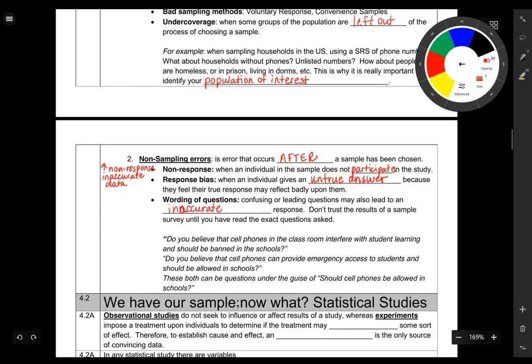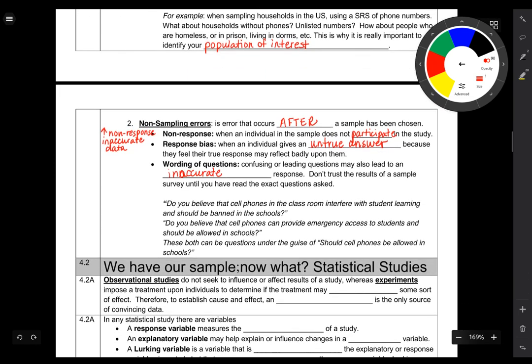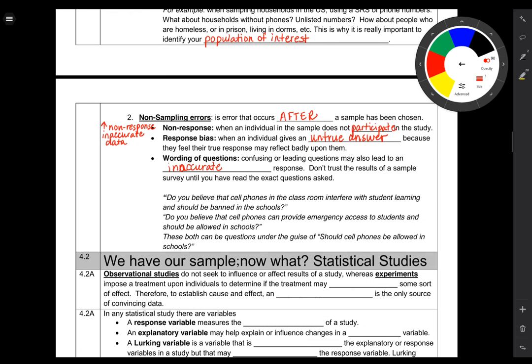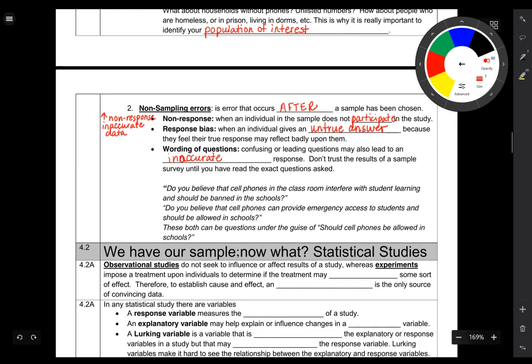So, here are some examples of bad wording and how better wording could result in better information. Do you believe that cell phones in the classroom interfere with student learning and should be banned in the schools? This is definitely a leading question.